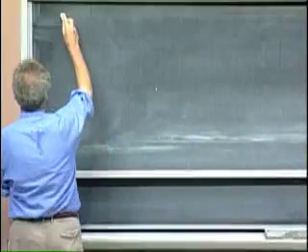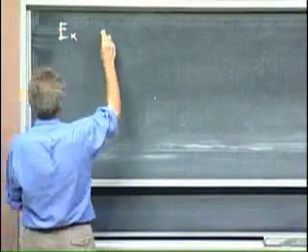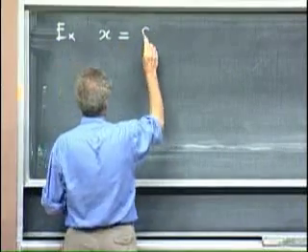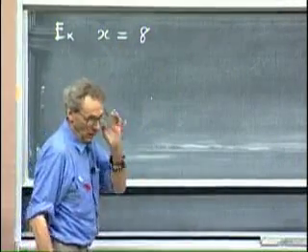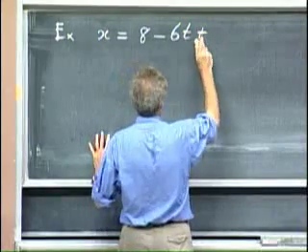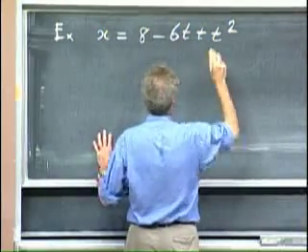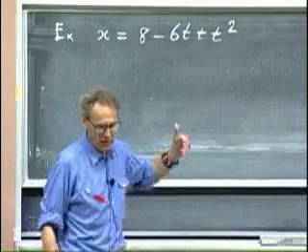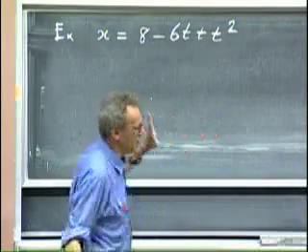So this example is a working example. x equals 8 minus 6t plus t squared. So this tells you where the object is at any moment in time. And let this be in meters.